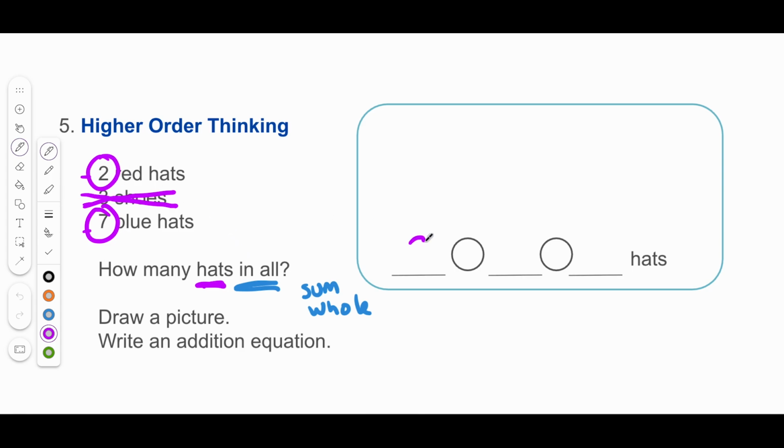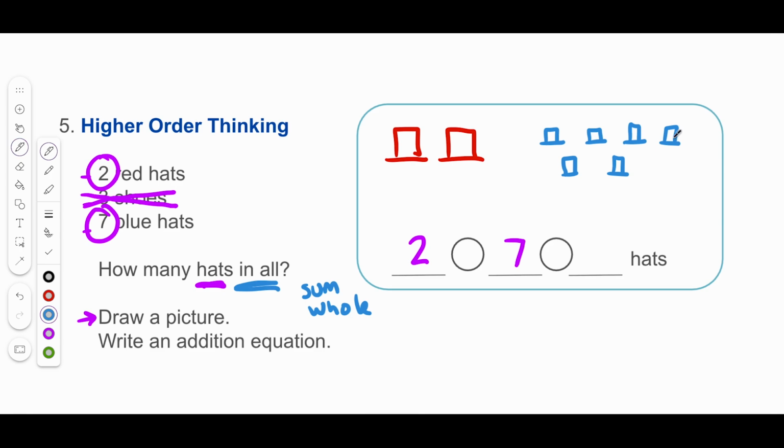The parts get put into our equation, 2 and 7. We want to draw a picture for this one. There are 2 red hats, and then there are 7 blue hats. Make it fun. Your student could draw whatever kind of hat they'd like. Party hats, baseball hats, whatever they'd like to draw. I'm going with top hats. It's easy to draw, easy shapes.